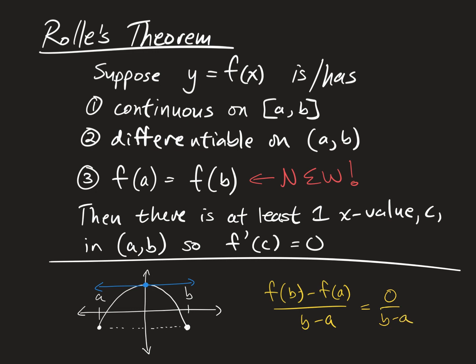And 0 over b minus a is going to be 0. That's why we have a 0 on the right side of the equation. And really, how that helps is that it will help us find possible maximum and minimum values a little bit later on. Zero-sloped tangent lines line up with maxes and mins. So yeah, that'll be helpful in a little bit. Let's take a look at an example of applying Rolle's theorem.